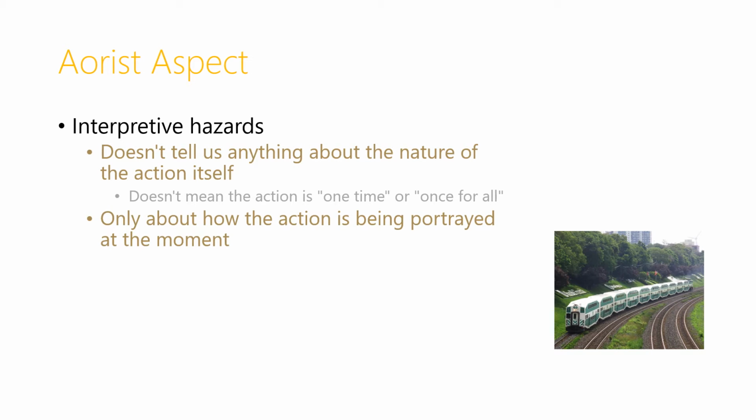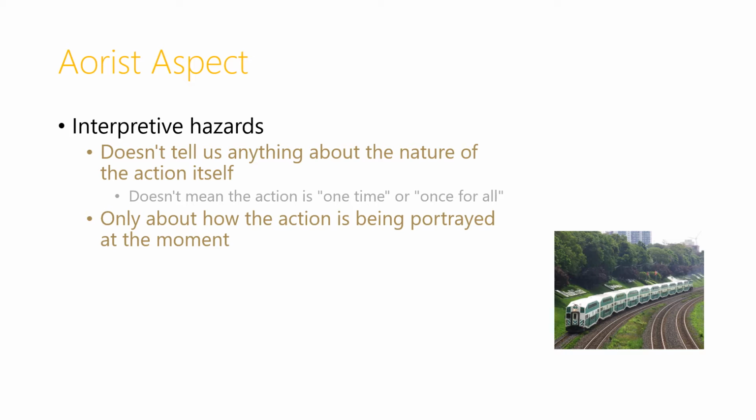There are, though, some interpretive hazards with the aorist aspect, most of them based on past misunderstandings of the aorist tense. One thing it doesn't do is tell us anything about the nature of the action itself. So remember, aspect is just where we're standing, so to speak.